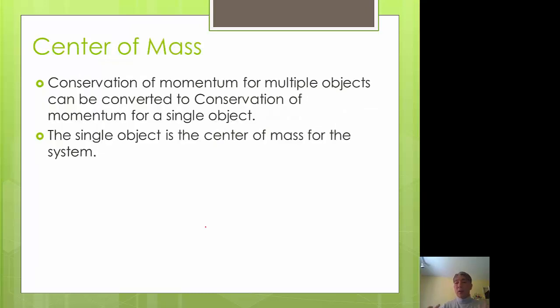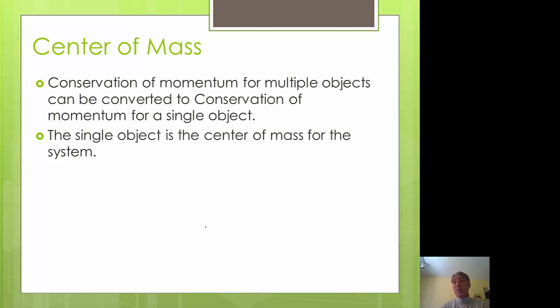I want to talk a little bit about conservation of momentum, because it can show up in this unit a little bit. For the conservation of momentum for multiple objects, as long as it's a closed system, remember a closed system has no external forces, all of the forces are internal.